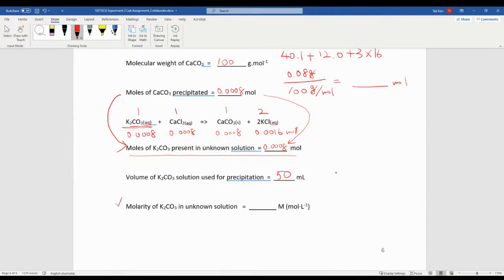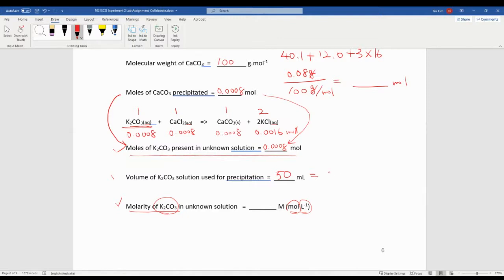And lastly, it is asking the molarity of potassium carbonate in the unknown solution. Molarity is the molar concentration, which is given in moles per liter. So you need to find the number of moles of potassium carbonate as well as the volume in liters. By looking at these two, we have everything we need to calculate the molarity, except this one has to be in liters.